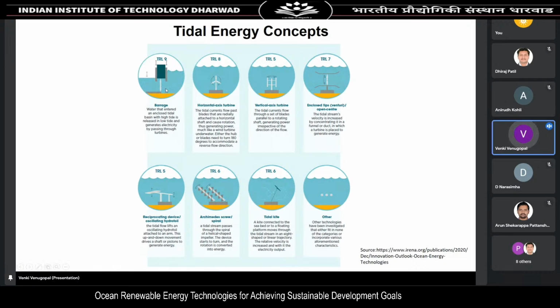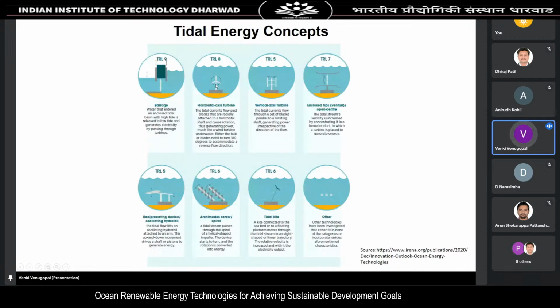The barrage uses the high and low tide for storing water inside the barrage. And when the water is released through a sluice gate and through a turbine, it produces electricity. And the second case is a horizontal axis turbine. This is similar to a wind turbine that you would see everywhere.